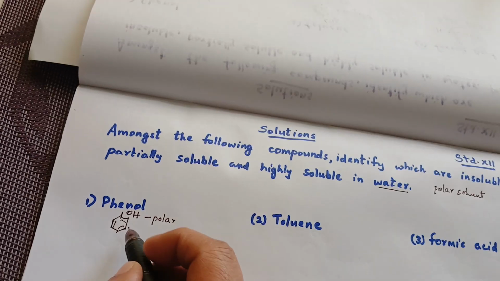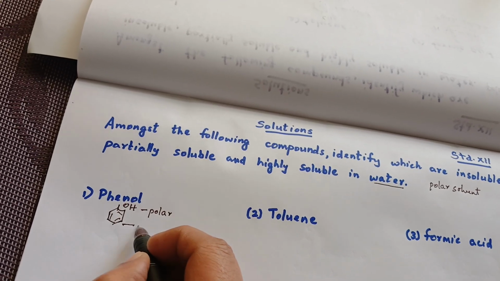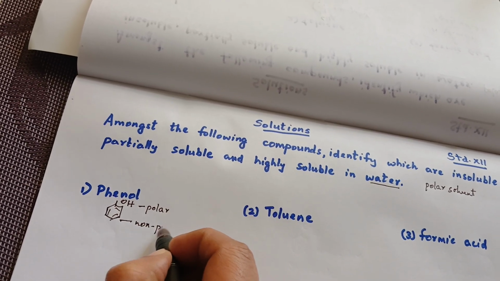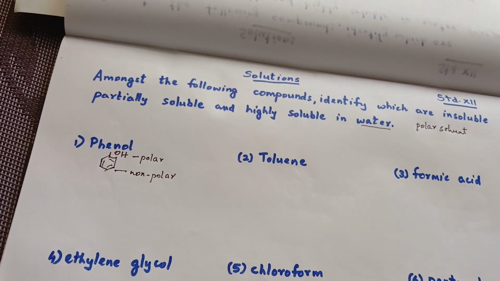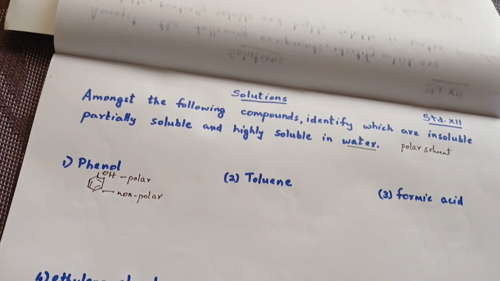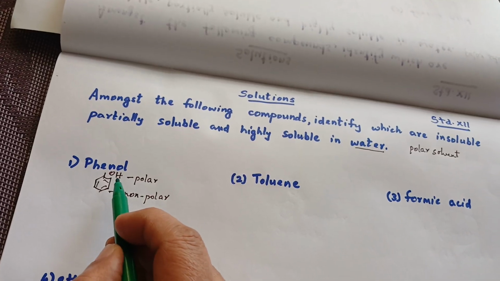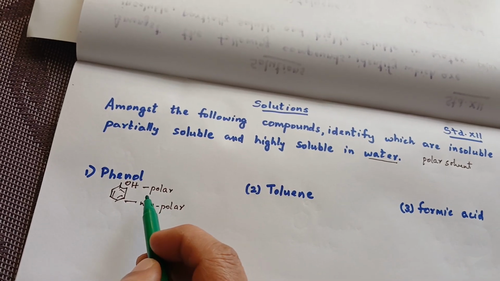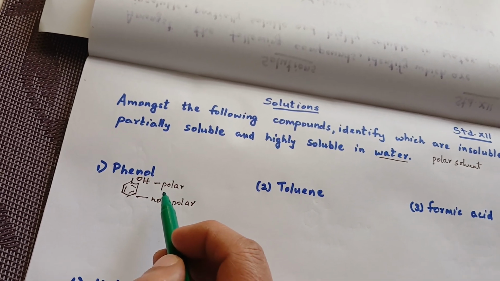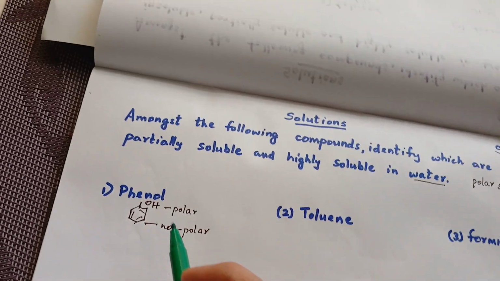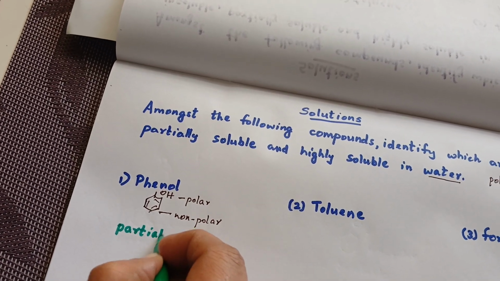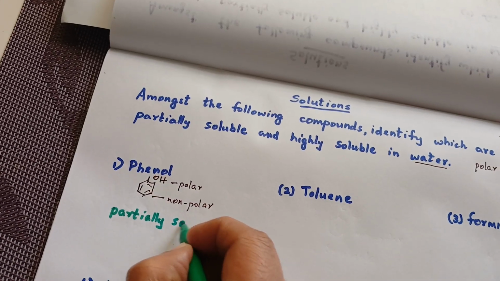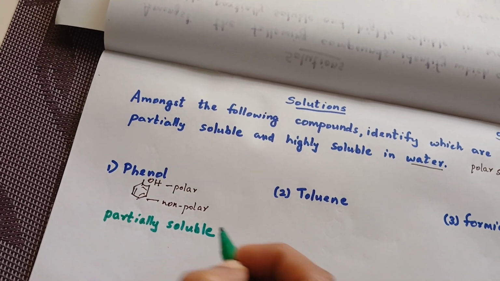And this part, the aromatic ring, is non-polar. So phenol will not be that soluble, but because of the polar nature of the OH group, it will be soluble. So it will be partially soluble. Not highly.